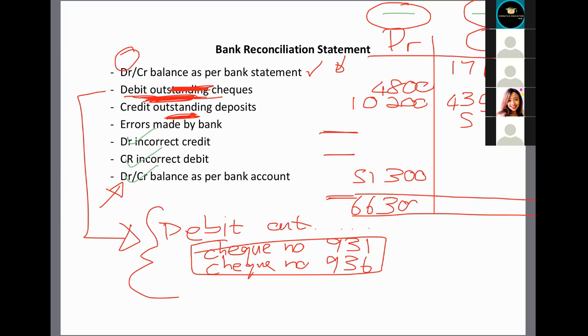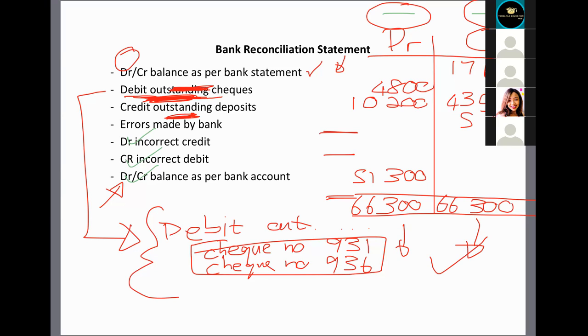Yes. Okay. Now please calculate my credit side for me. What do you get? 66,300. Now, because these two balance, you know that you are correct, right?